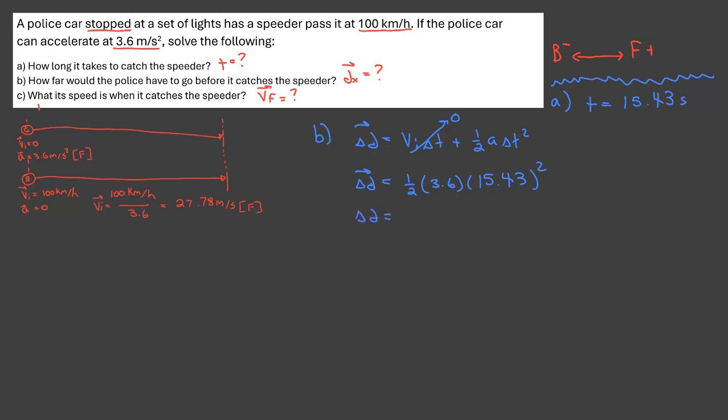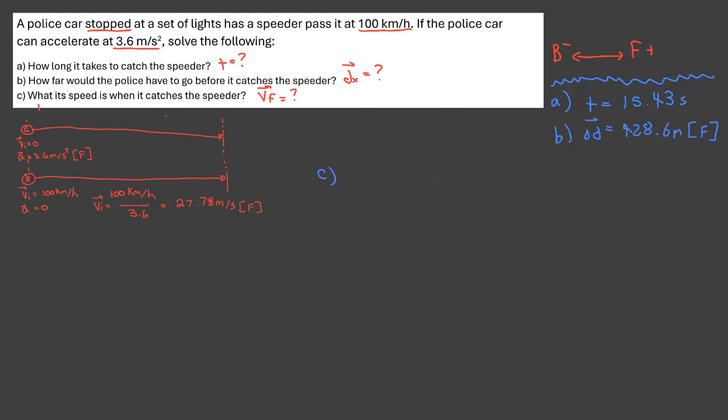And when I put that in my calculator, I'm going to get a distance of 428.6 meters. Okay, so the distance the cop had to travel in order to catch up to the speeder was 428.6 meters.